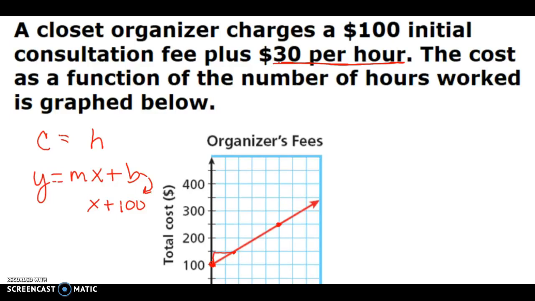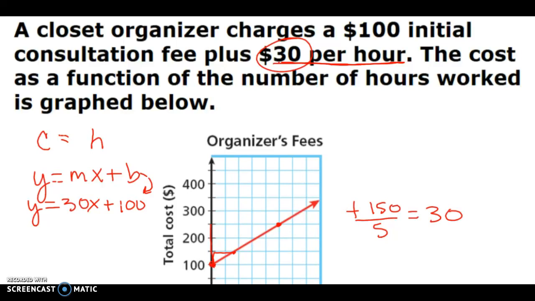So from 100, if we went up 150, that's positive 150. We are over 1, 2, 3, 4, 5, over 5, and that is indeed the slope that we see in the story. We are going up $30 every time our function increases by 1 hour.